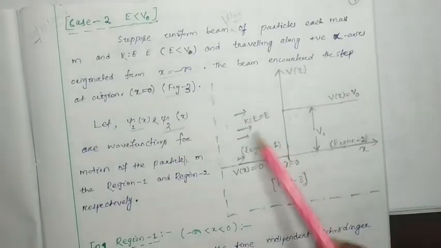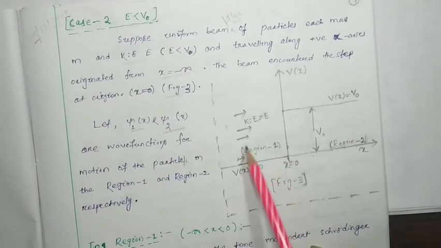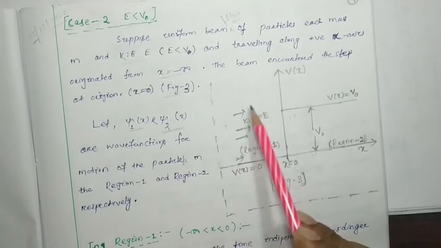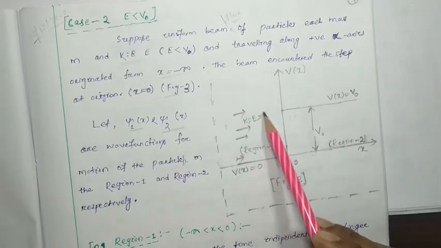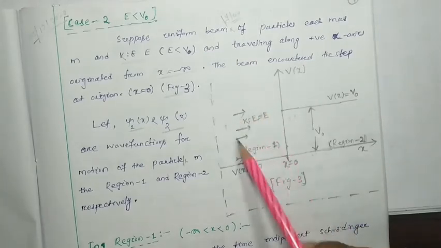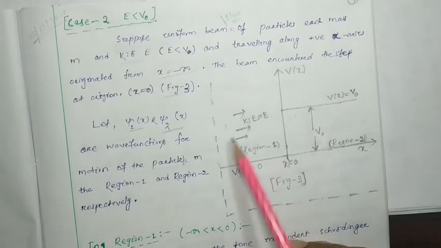In region 1 the potential is V(x) equal to 0. That means the particles are not interacting with any type of force in region 1; they are moving freely.